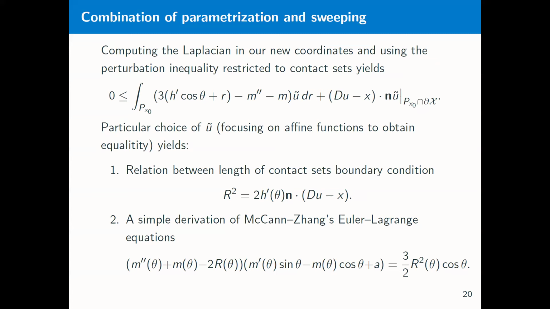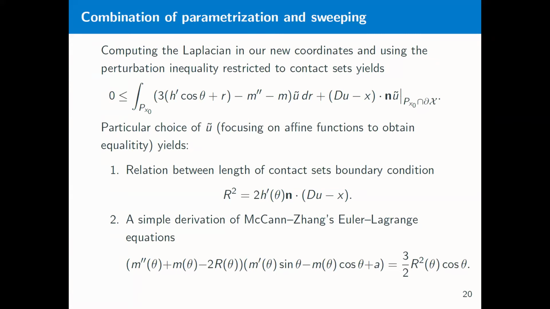Once we do that, we're going to get the perturbation inequality on the third line. And this is starting to look a bit more concrete as far as both our function u and our coordinates are concerned. So this proves to be quite useful for studying the function.